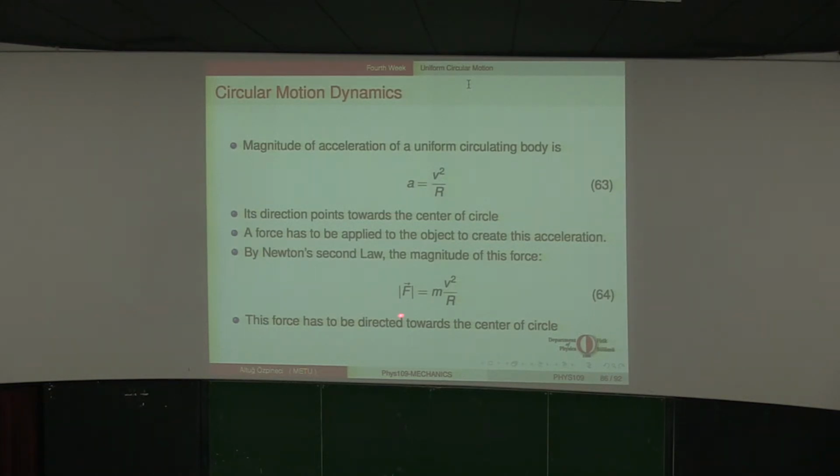The magnitude of this force has to be equal to mv squared over r, directed towards the center. So the question is, what causes this force? What is the origin of this force? Unless there is some other object which provides this force, our mass will not be able to do circular motion. There has to be some means of creating this force.